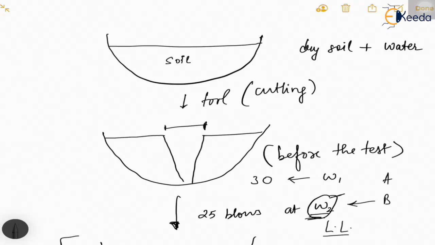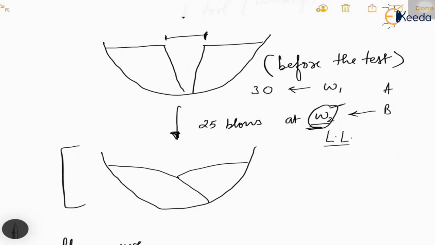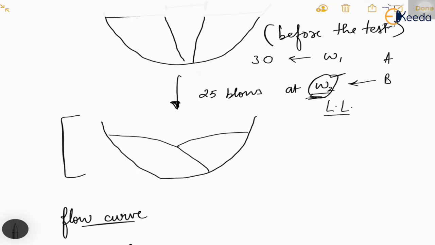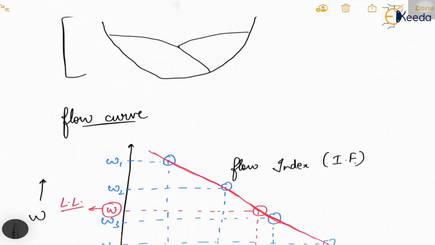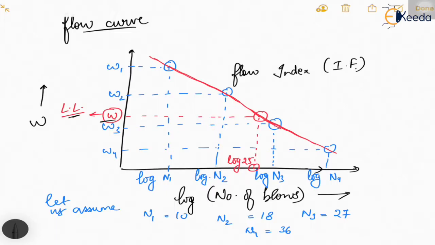At a particular water content the soil sample is cut, and we obtain a curve for various values of water content, and the point where exactly 25 number of blows are observed, the corresponding value for the water content is taken to be the liquid limit for the given soil sample.